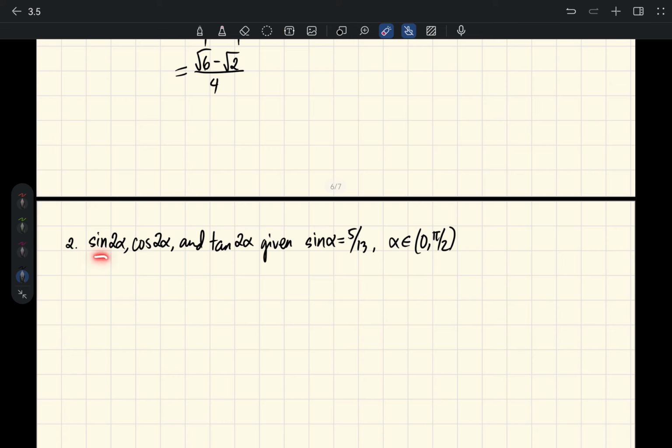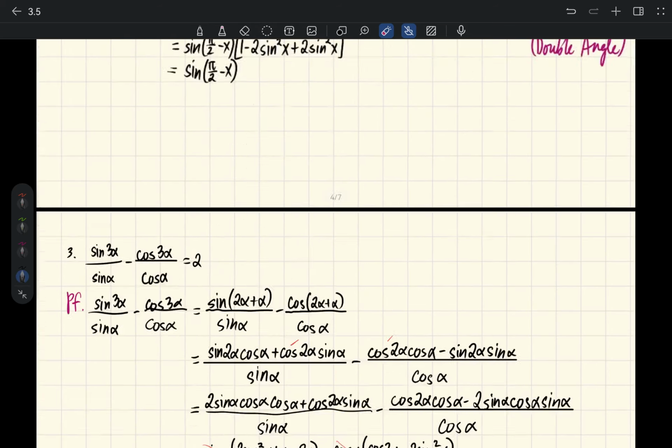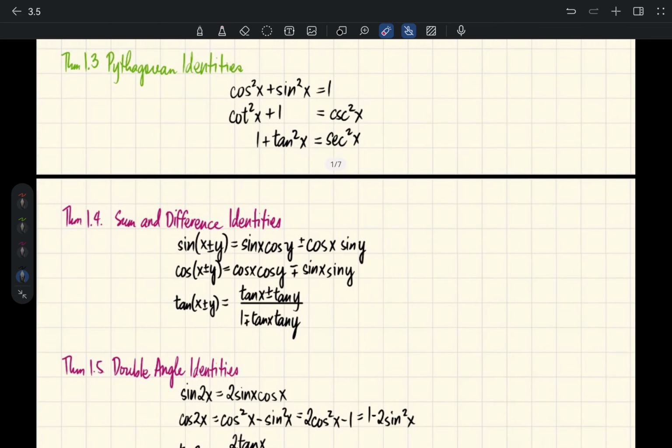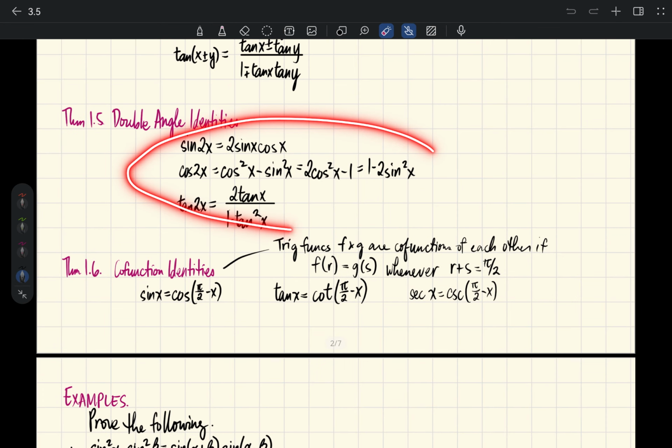So what do we need to find these three right here? Clearly, we need to use double angle identities. So we will use these identities right here.